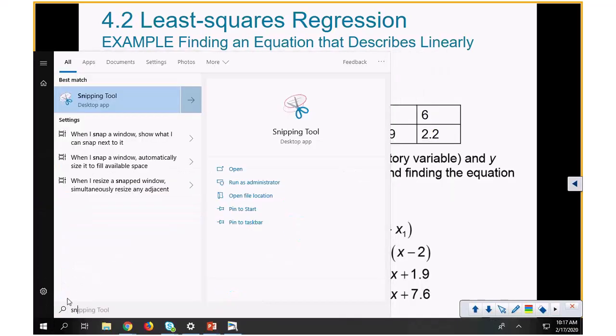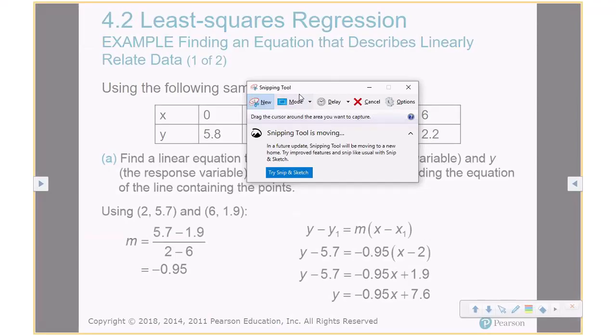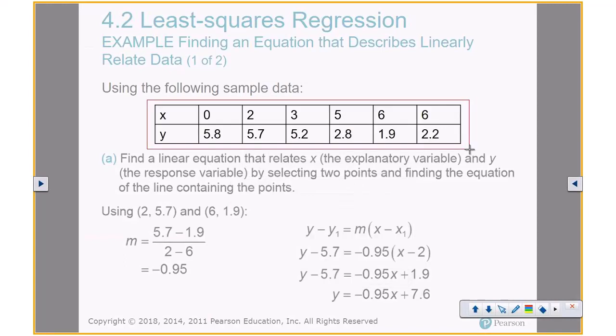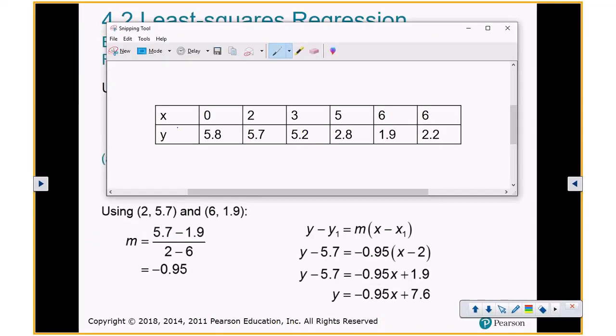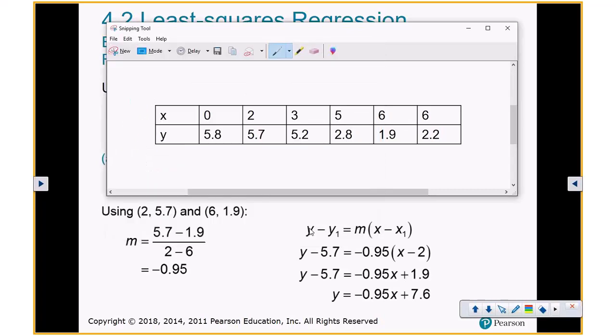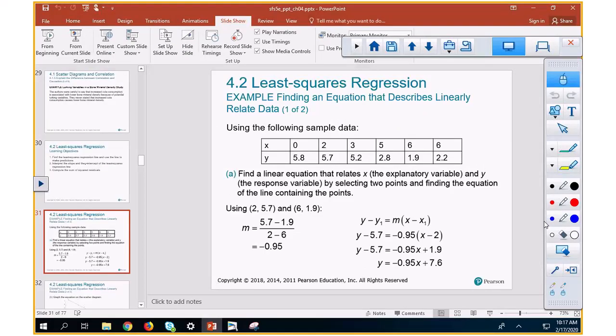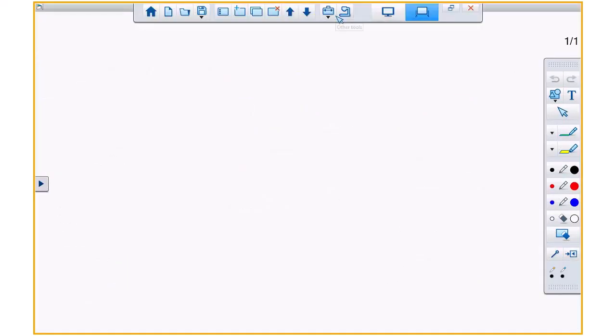I'll save the picture and go back to the whiteboard and bring it in on the whiteboard.